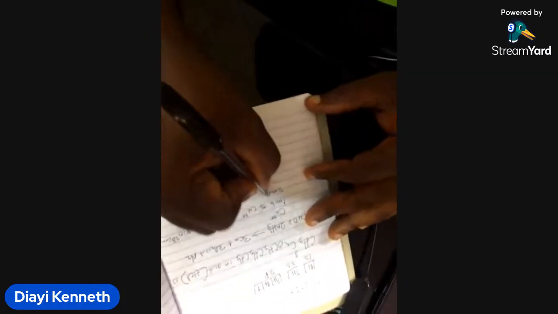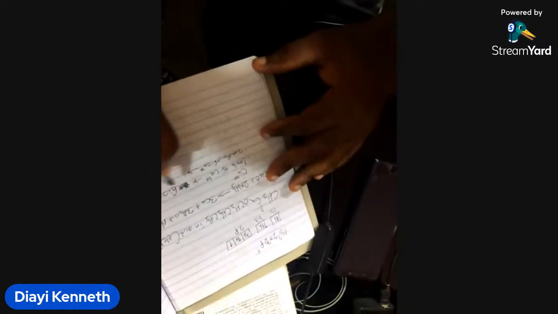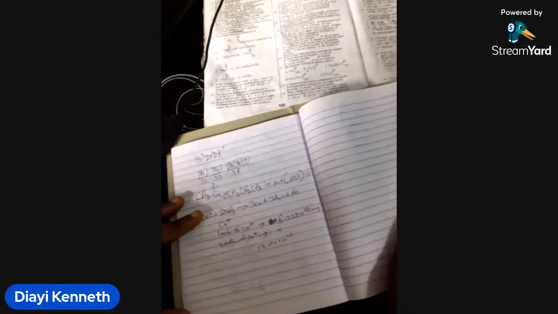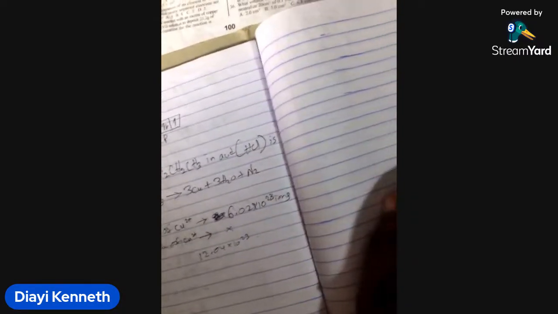Then, since it's a divalent ion, 2 moles of Cu2+ will give us, you cross multiply, 12.04 times 10 to the power 23. The closest to it is option C, 1.2 times 10 to the power 24. The answer there is C. C is our closest bet.